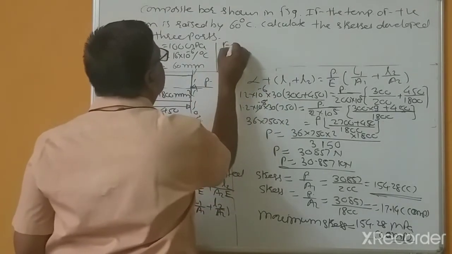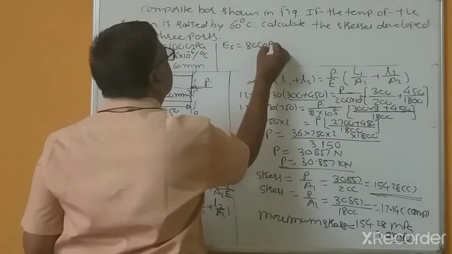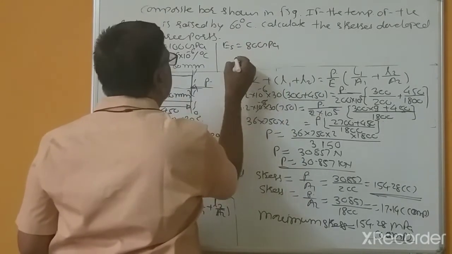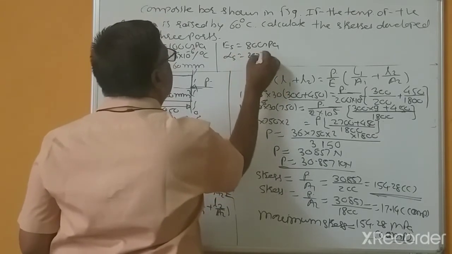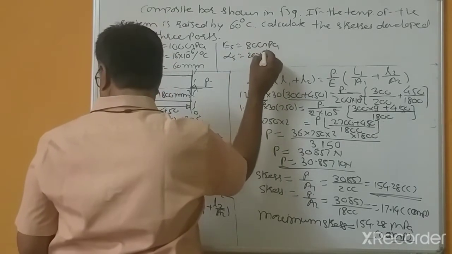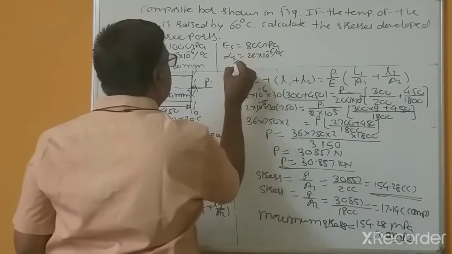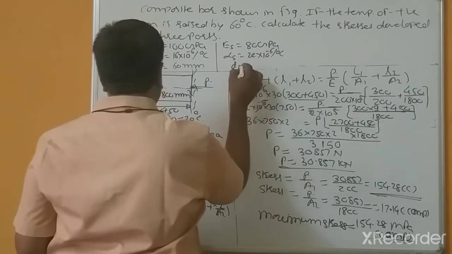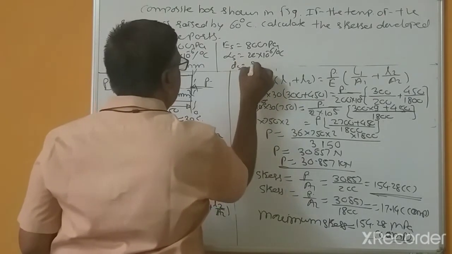E for aluminum 80 gigapascal, alpha A 20 into 10 to the power minus 6, diameter of the aluminum 85 mm.